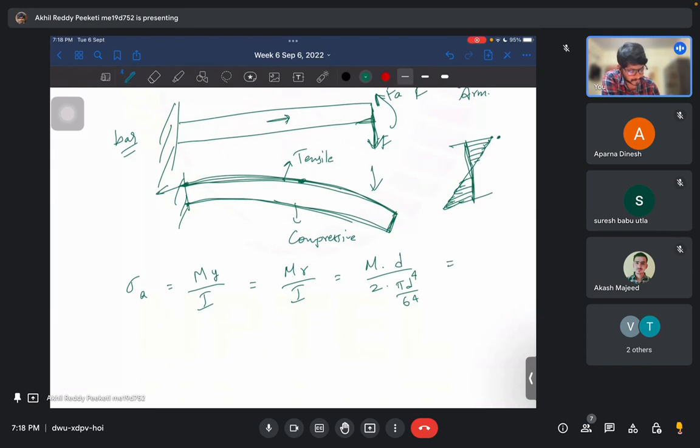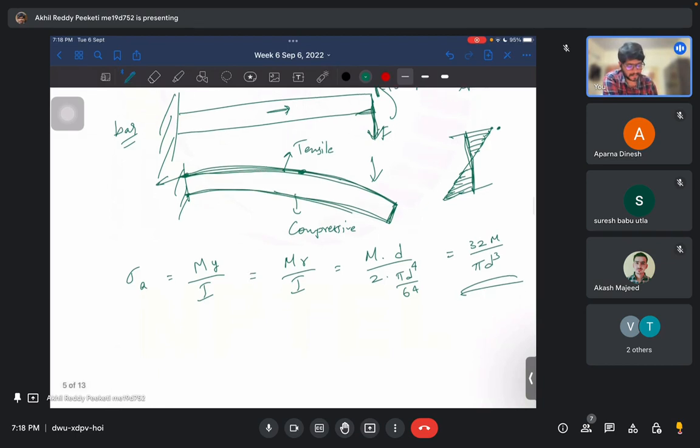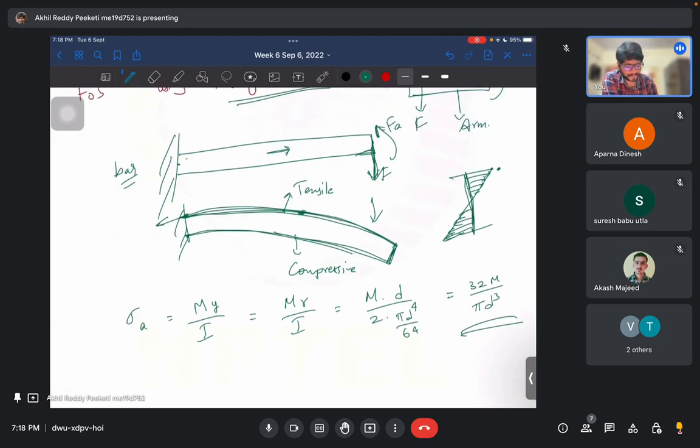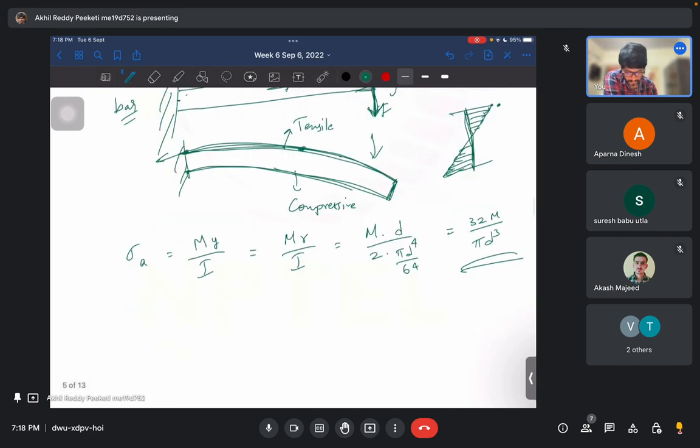This boils down to 32 M by pi d cubed. This is the axial stress developed due to a moment acting upon one end. Here M is F into length L, so in this case it is 32 F L by pi d cubed.